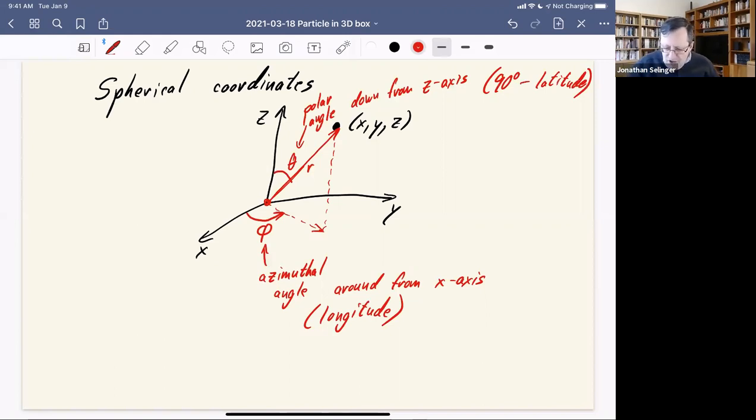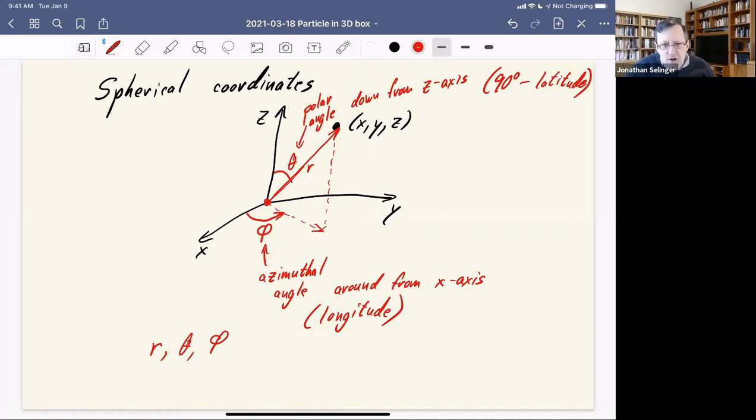That means that in spherical coordinates, we have the three variables r, theta, and phi, which can describe any particular point.